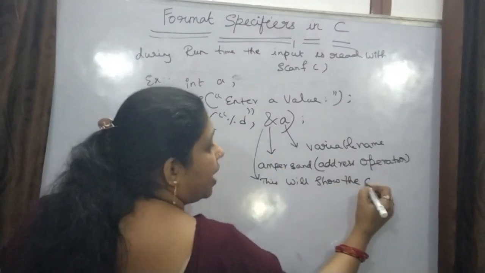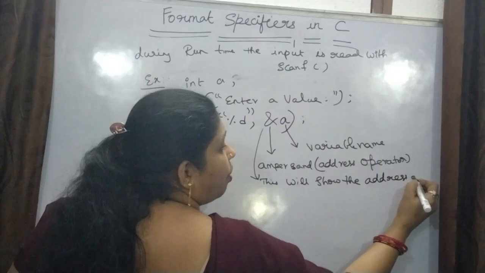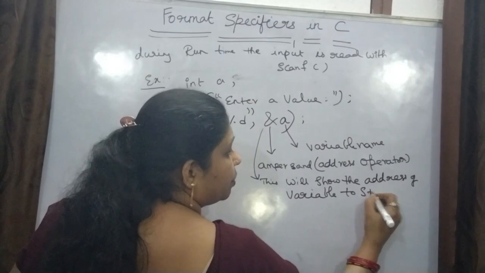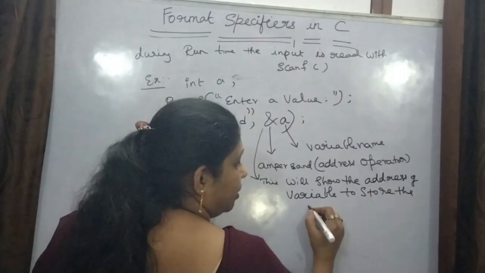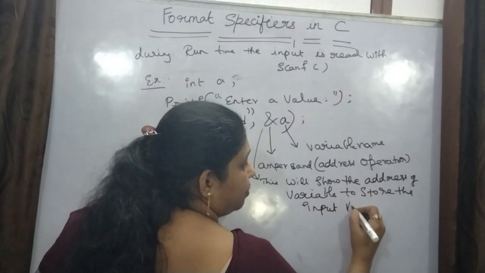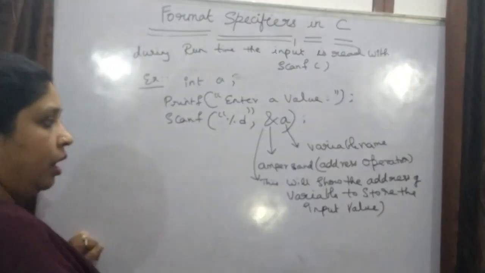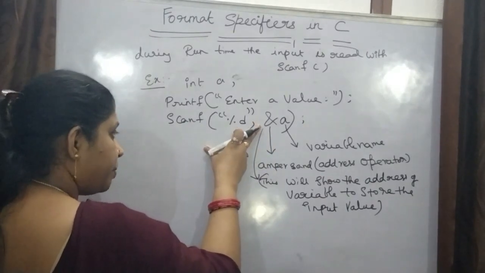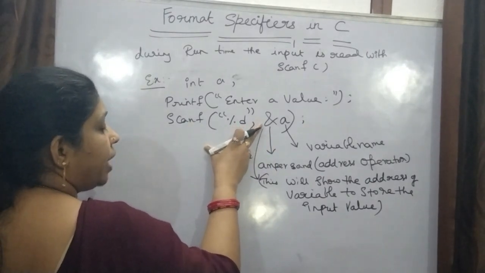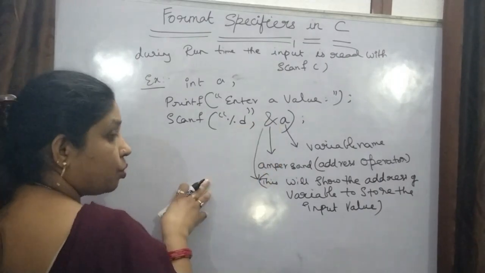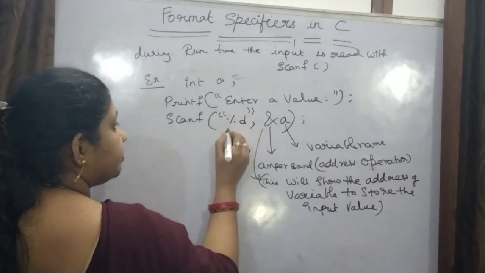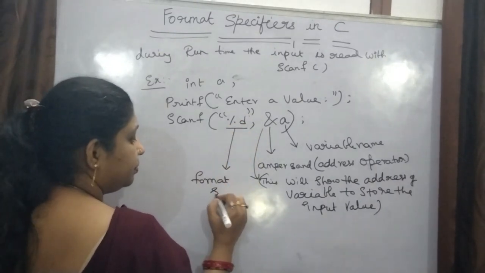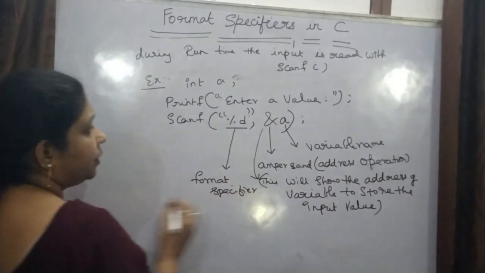That means this should show the address of the variable to store the input value. Okay, understood? So this is the ampersand, the address operator. It will show the address of this variable to store the value. Now this is the format specifier. Understood?